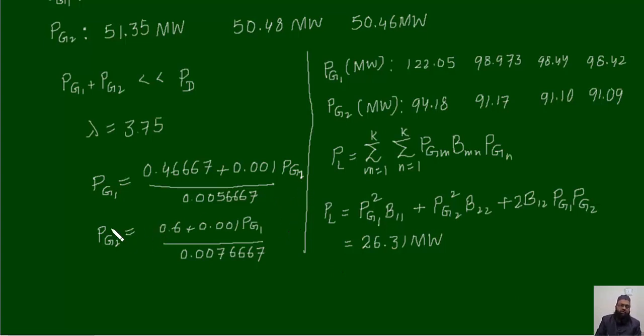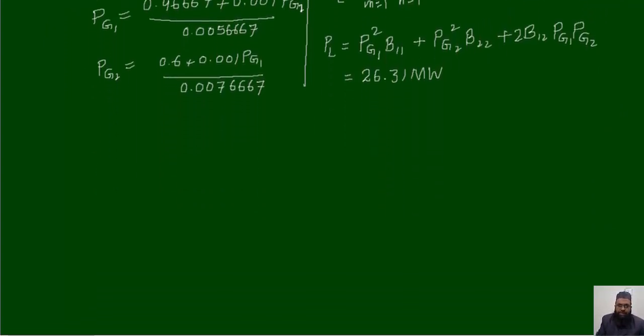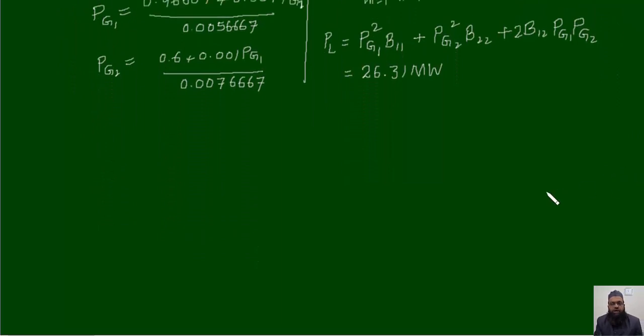So now we have the generations from two plants, Pg1 as 98.42 and Pg2 as 91.09, and the corresponding total loss is 26.31 megawatt. So these are the sum of generations and the load we know, and this is the loss. So we will compare whether we are generating enough quantity to take care of load and losses.